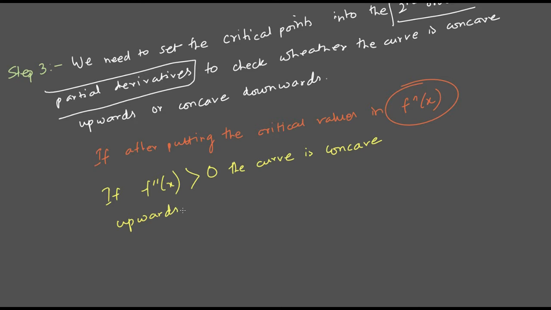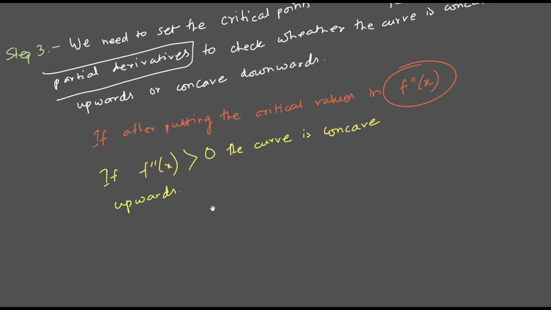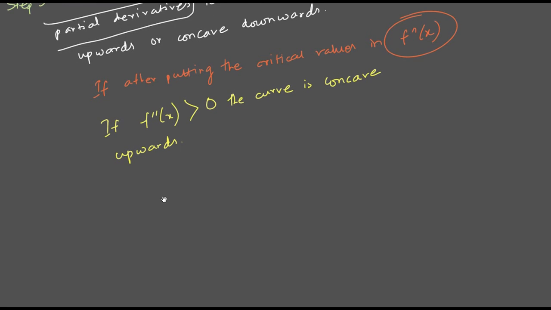It might seem a little bit confusing, but it's very easy, trust me. After showing you an example, it will be very clear to you. If f double prime x is less than 0, then the curve is concave downwards. We will get to this, right?